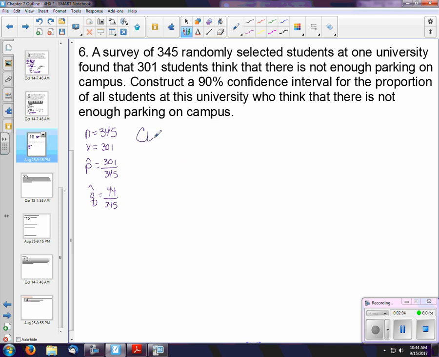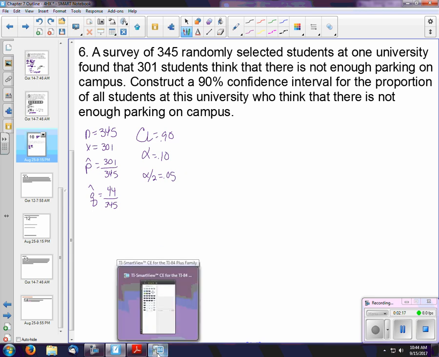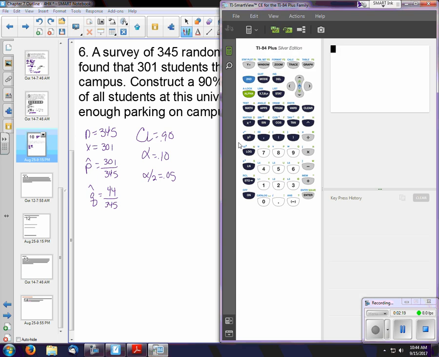For a confidence level of 90%, that means that alpha is 0.10, so alpha over 2 is 0.05. Now, the choice is yours how you wish to approach something like this. Since we've just done a few with the calculator, let's see how this works for the z proportion interval function this time.